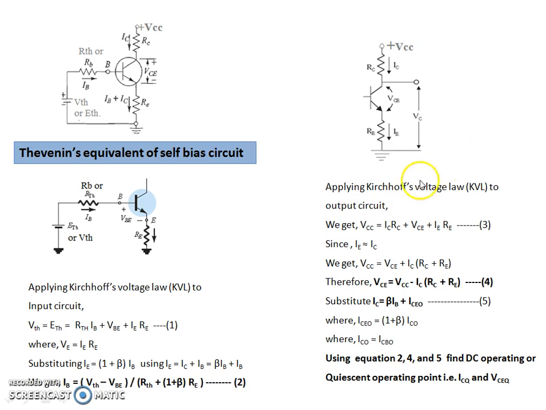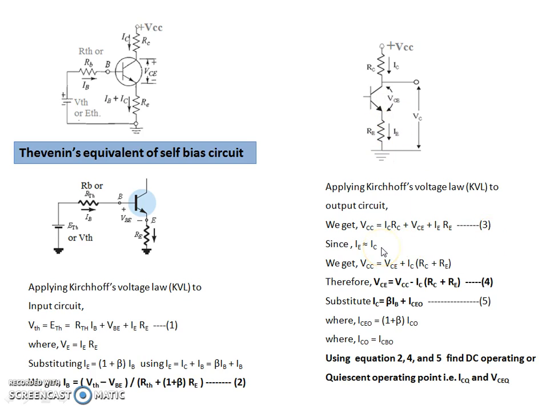Now, applying Kirchhoff's voltage law to output circuit, we get VCC equals IC into RC drop plus VCE drop plus IE into RE drop.